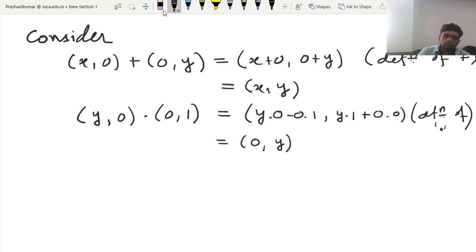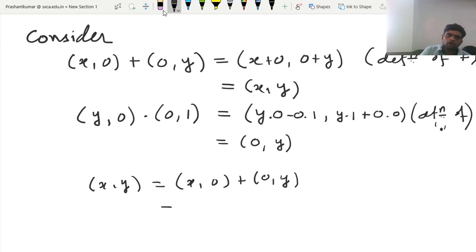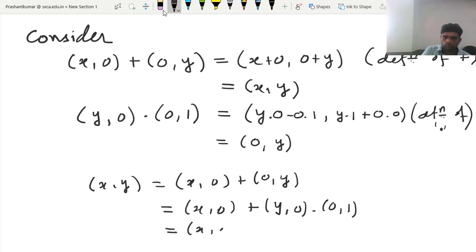If I use the combination of both these observations, we can write the ordered pair x y as x comma 0 plus 0 comma y. Now let us write x comma 0 as it is, and instead of 0 comma y we can write y comma 0 dot 0 comma 1.